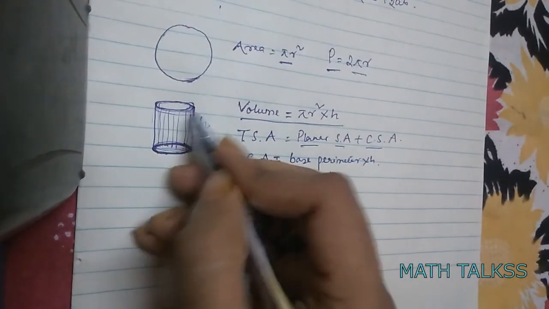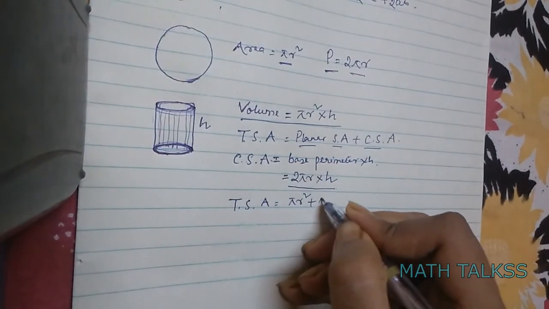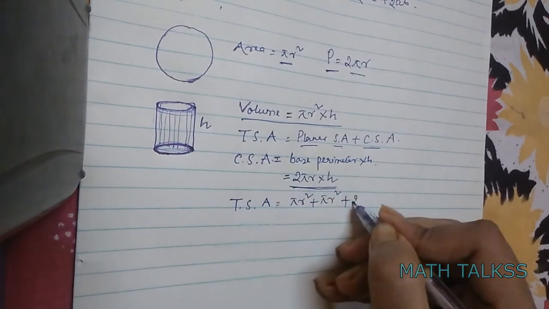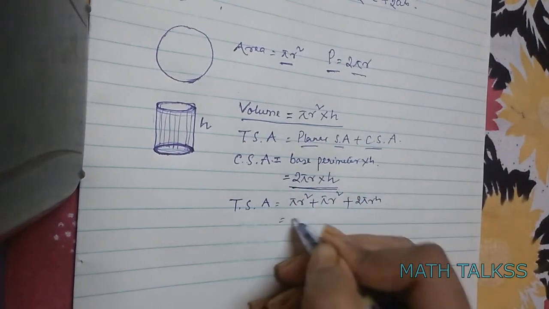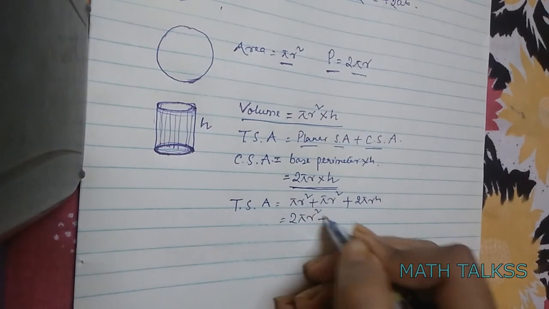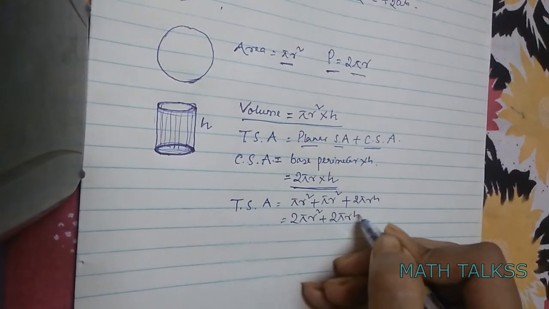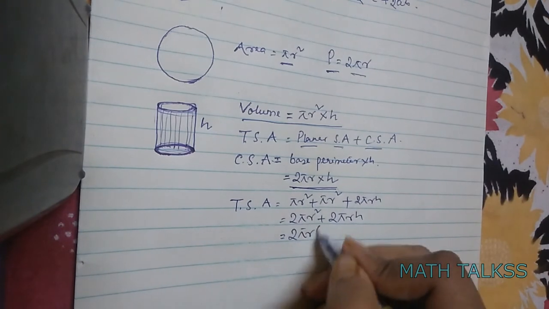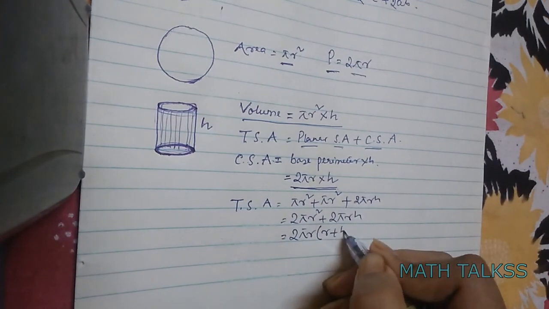Similarly the top one is also there, so another pi r square, plus curved surface. What is the curved surface? Plus 2 pi r h. So this is 2 pi r square plus 2 pi r h. So this is 2 pi r common, then in bracket r plus h.